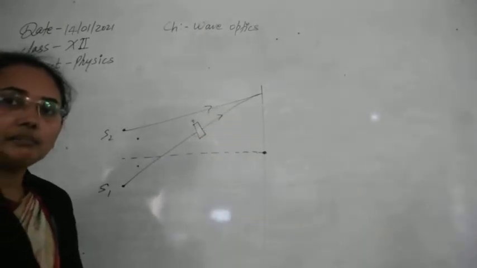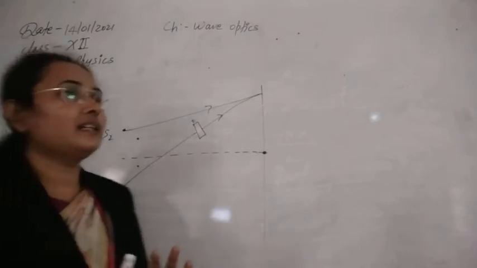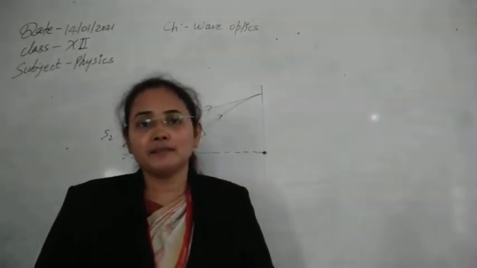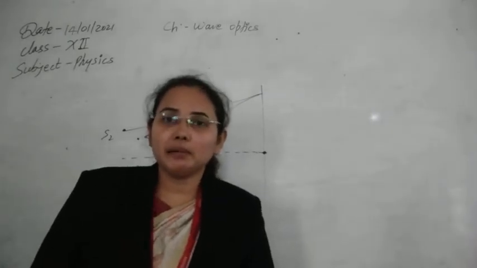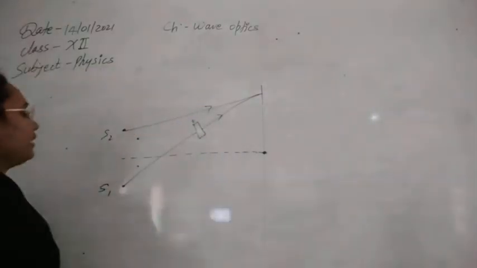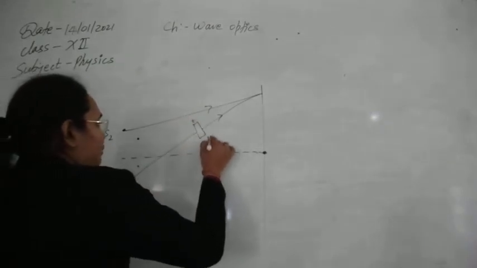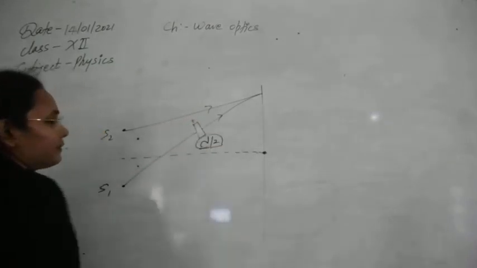So it is clear that whenever there is an obstacle, there is bending of light due to additional path difference, and it has been seen by experiment that due to addition of any seed in the path of light rays, a lambda by 2 additional path difference is created.